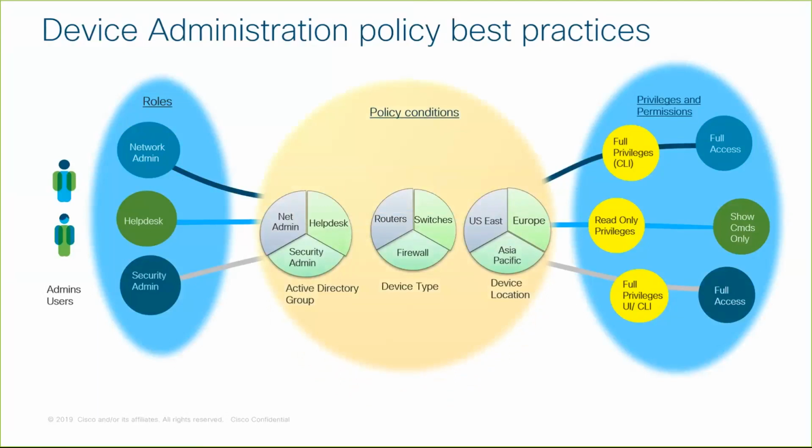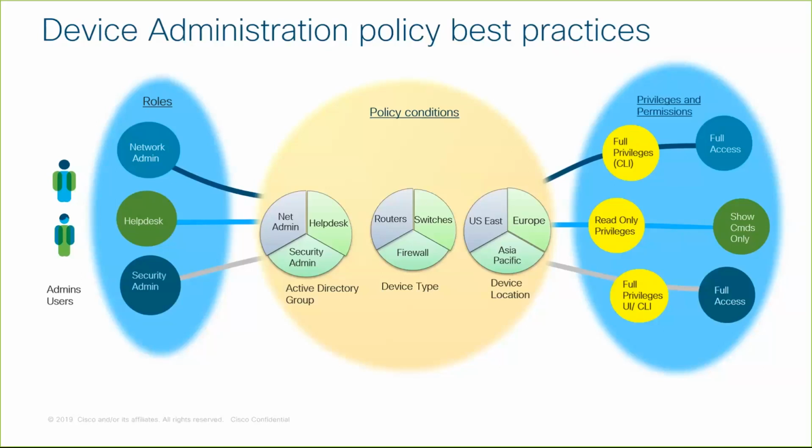You also want to check if the network admin can access only certain devices. Say, for example, these are router admins, so they want to access only routers. So you add all these routers into a group called routers, right? And then you make sure you have the policy sets with those groups, as we saw before.